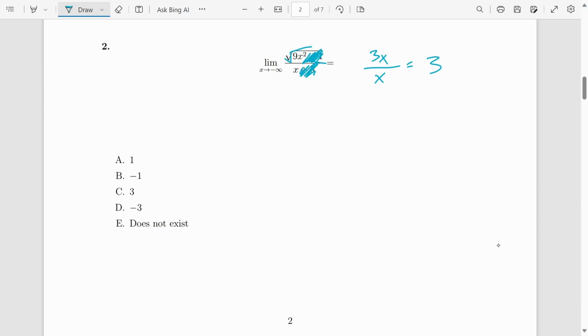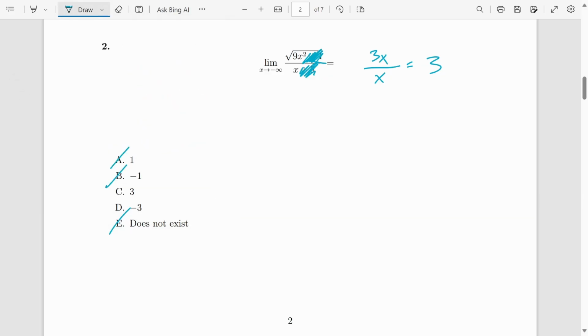Now, that's close to the right answer, but it isn't necessarily the answer, because when you do these tricks, sometimes your sign gets flipped. Sometimes you're left with a positive answer when it should be negative, and vice versa. So we know the answer is either C or D, so we're 50-50 with that. But let's figure out which sign it actually should be.